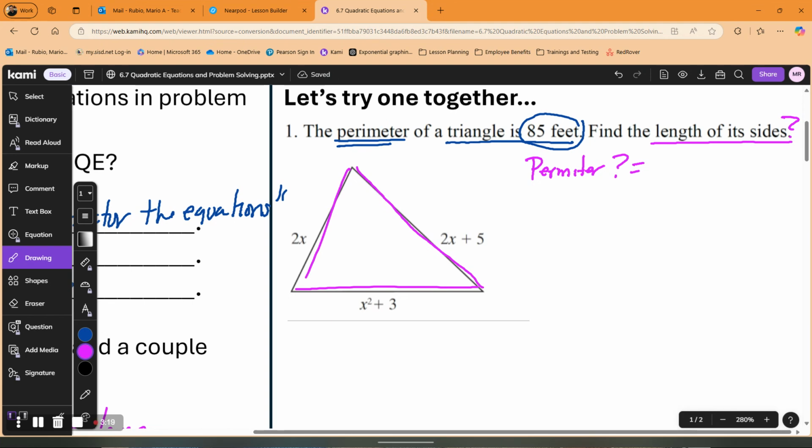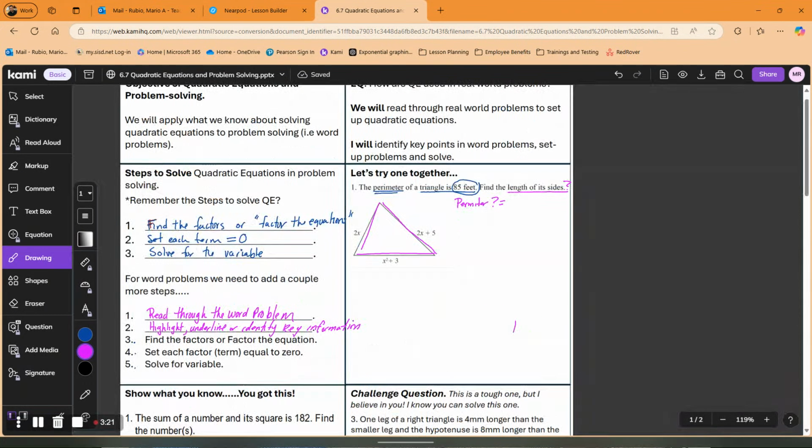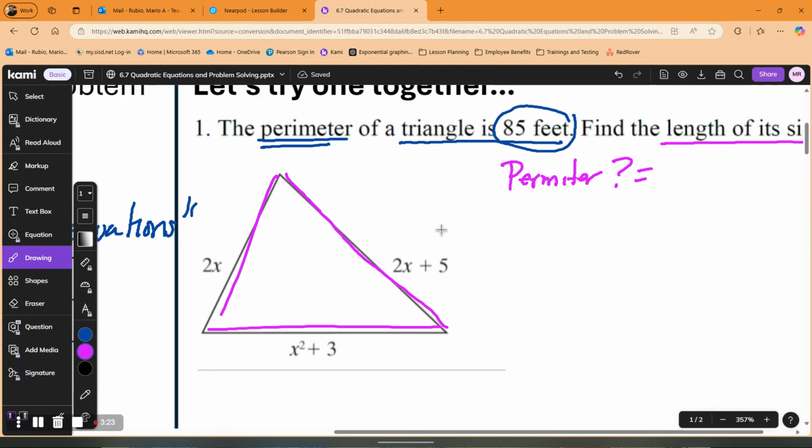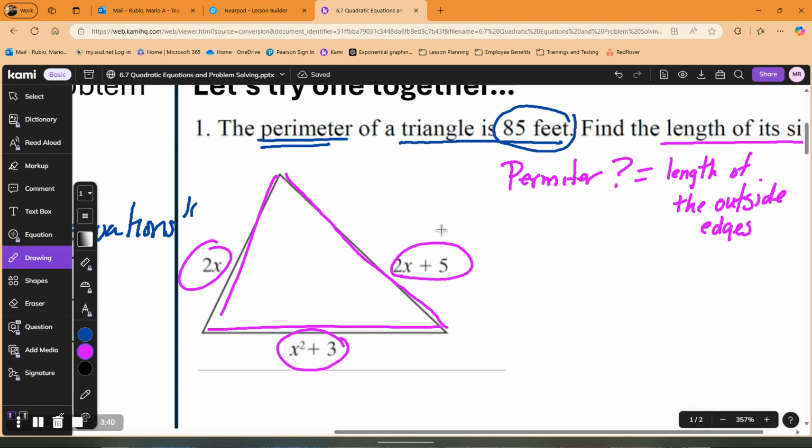Perimeter equals the length of the outside edges. So it's this plus this plus this. Now don't get confused. If these were just numbers, you would just add them together, but they're equations. So now you just have to add the equations together.